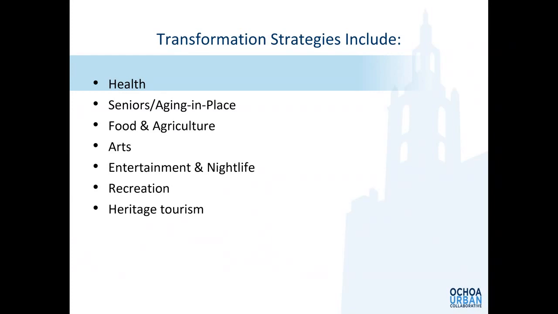So as we move into that transition phase, I think we can also think more comprehensively and big picture, and look at how our communities might transform. What is our downtown going to look like in the future? And think about that transformation strategy. You may want to revisit, if you were an arts and entertainment community in the past, whether that is still right for you based on what's happening economically in the region, or recreation.